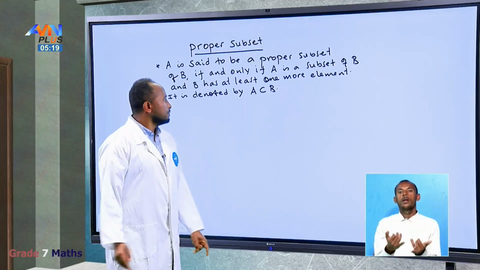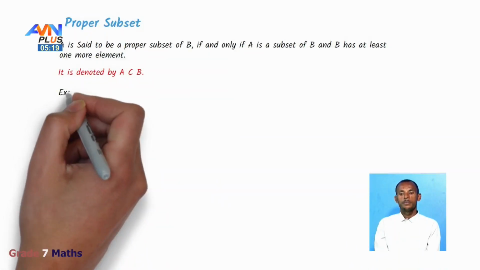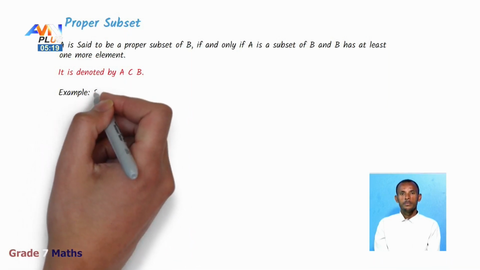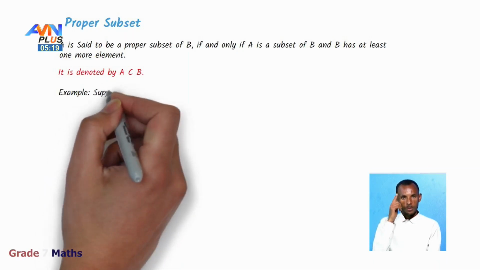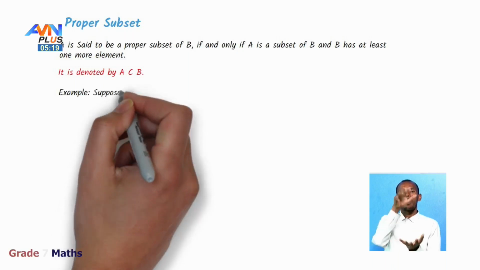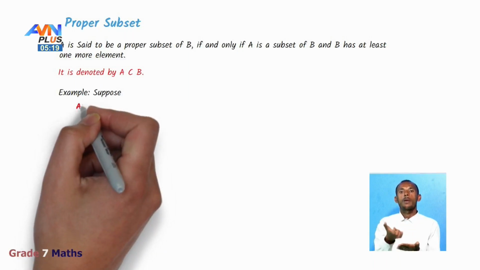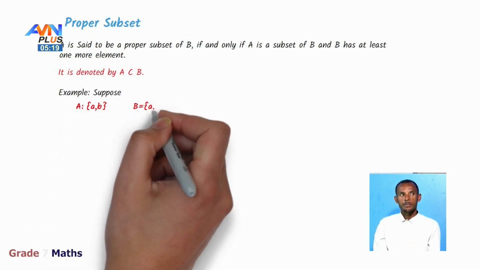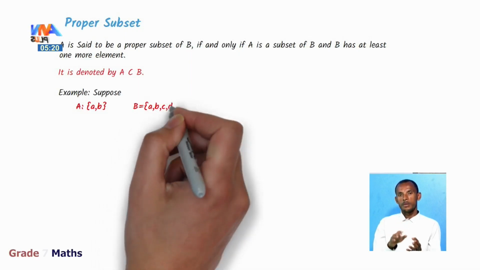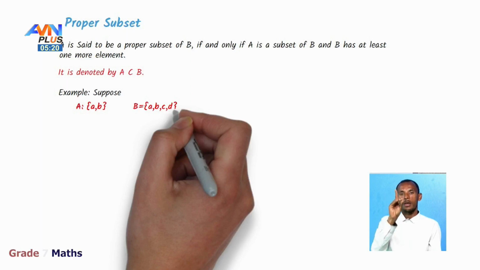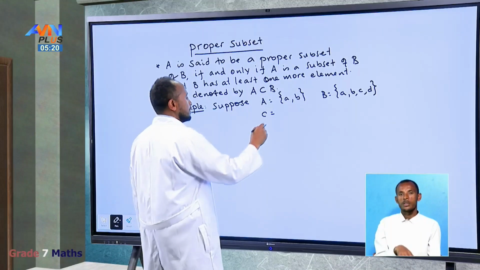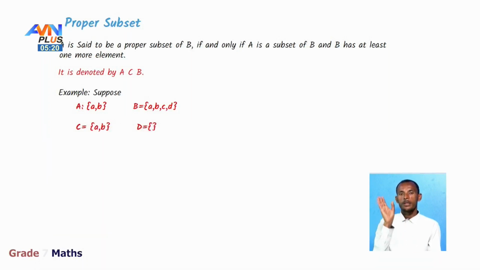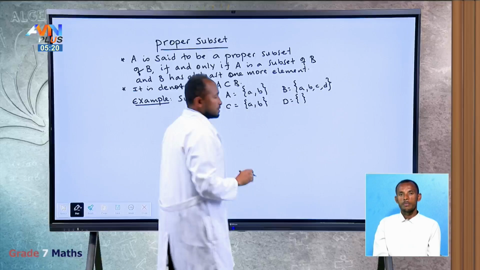Okay, now let's see an example. Suppose set A contains the letters A and B, and set B contains the letters A, B, C, and D, set C contains the elements A and B, and set D doesn't have an element.